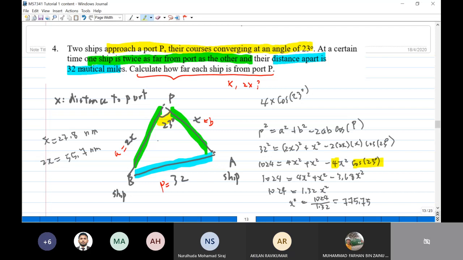You get about 3.66, right? 4 times cosine 23 degrees. Okay, sir, got it, sir. That's why you get 3.68 from there, then together with the x squared. So that's how to get the minus 3.68x squared. Okay, thank you, sir. Okay, good.